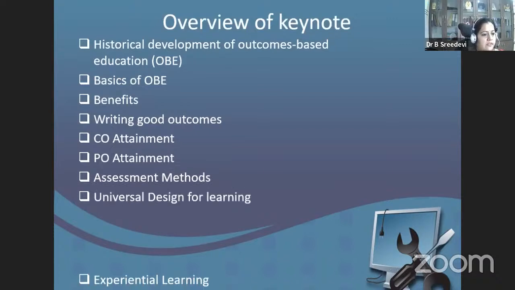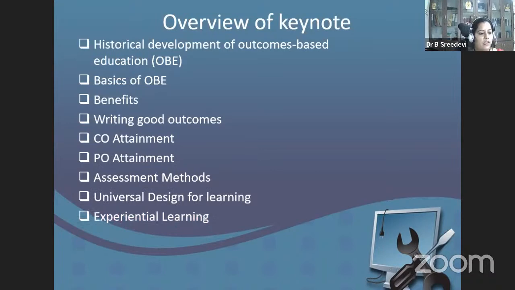Then there are some other forms of learning: universal design for learning, and experiential learning. And we march towards the future of outcome-based education, which is the need of the hour. Definitely, any college that needs to be successful in the world should implement this outcome-based education.